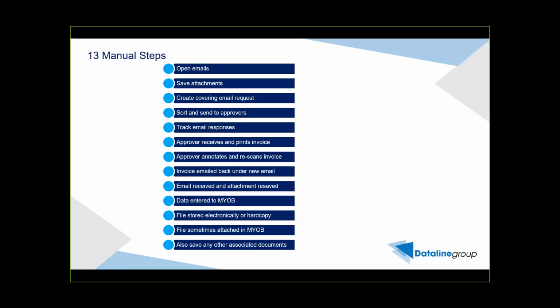Approvers need to receive the email and do something with the attachment, and in most cases, a lot of approvers print out those invoices again, might manually annotate them and rescan them with general ledger codes or a signature printed on them, and then send them back by email to accounts payable, who then receive that information and resave the attachment as a new file type because it's changed, and then ultimately enter the data into MYOB, and then file the electronic copy or the hard copy of the invoice, depending on the type of business.